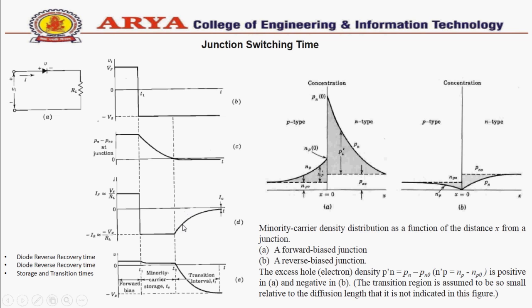If the diode ohmic resistance is Rd, then at time t equal to t1, the voltage falls slightly by (IF plus IR) into Rd, but it does not reverse.